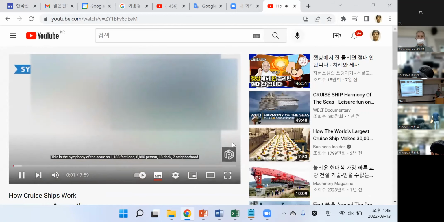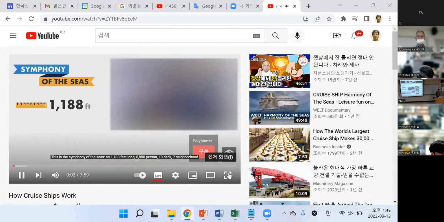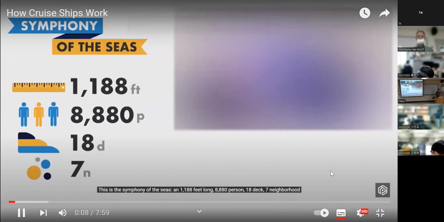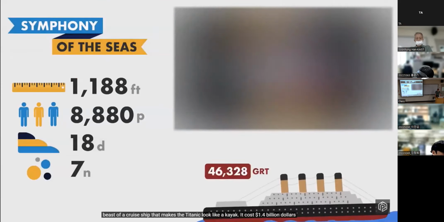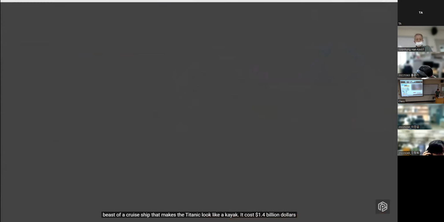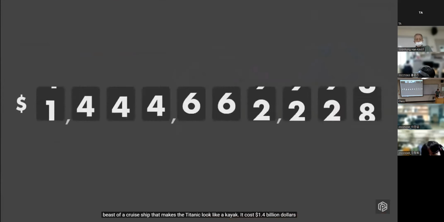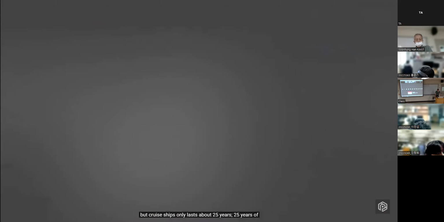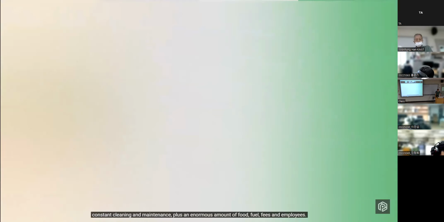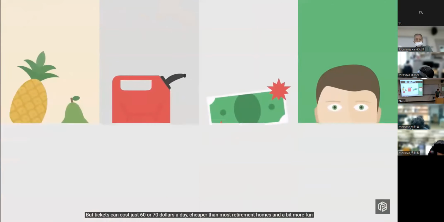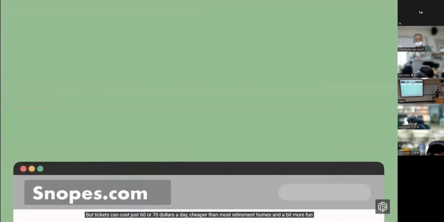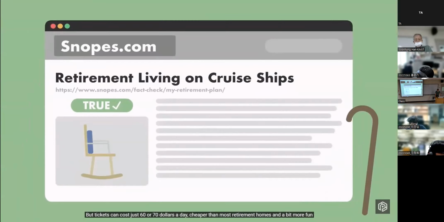This is the Symphony of the Seas, an 1,188 feet long, 8,880 person, 18 deck, 7 neighborhood beast of a cruise ship that makes the Titanic look like a kayak. It cost $1.4 billion, but cruise ships only last about 25 years. 25 years of constant cleaning and maintenance, plus an enormous amount of food, fuel, fees, and employees. But tickets can cost just $60 or $70 a day, cheaper than most retirement homes, and a bit more fun.